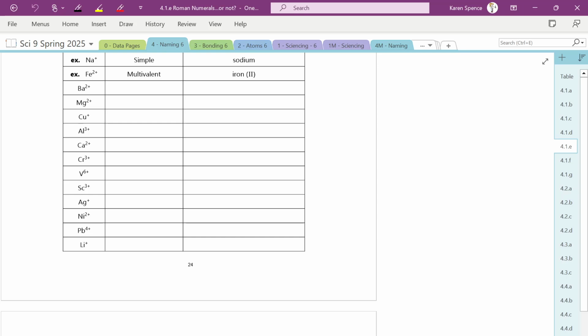This one has the number. This one is 2 minus.